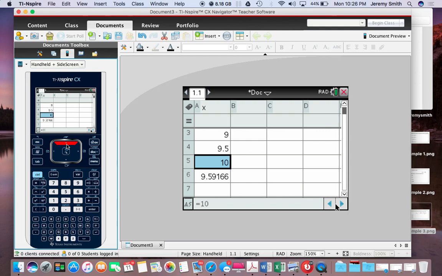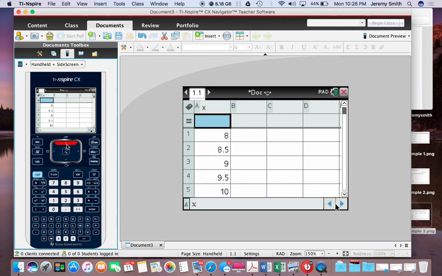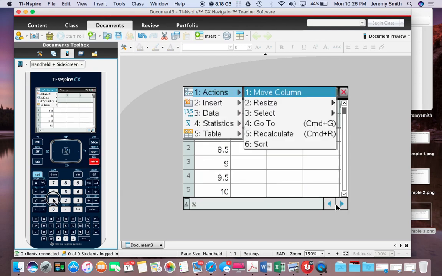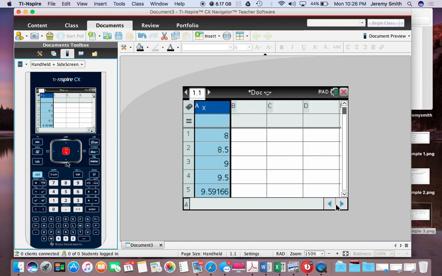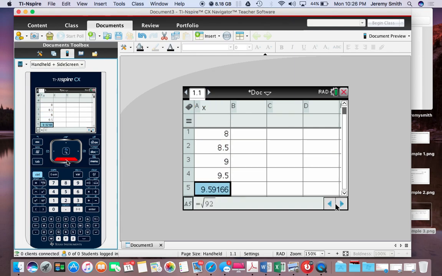Remember, you hover over it to show you the original format. It doesn't matter if I do ascending or descending. So menu 1-6, I'm going to use ascending. If I look at this, my original number was the square root of 92.